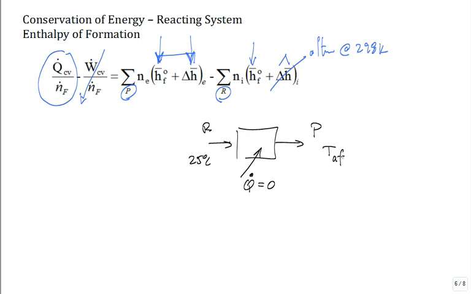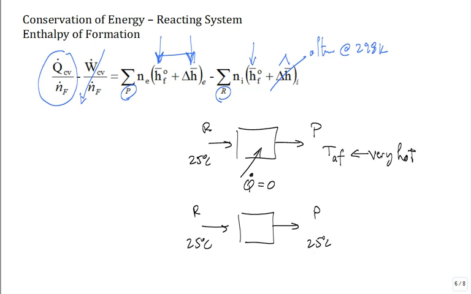The next extreme would be, hey, they come in at 25 degrees C. They go out at 25 degrees C. Well, if the reactants went in at 25 C, I had combustion, I'm burning methane, and the products out at 25 C, tell me a little bit about Q dot.